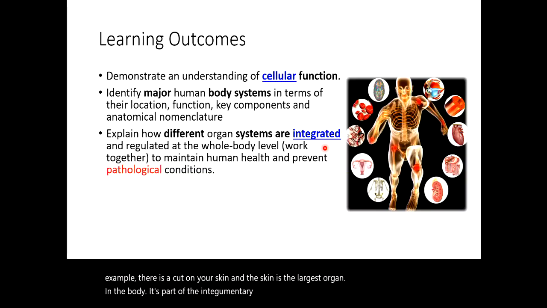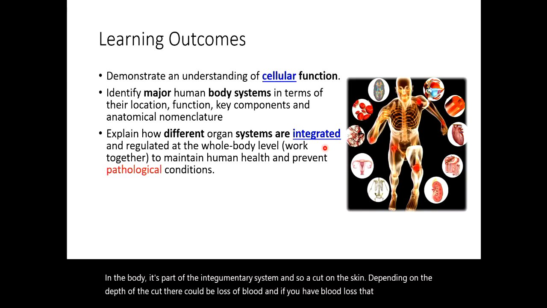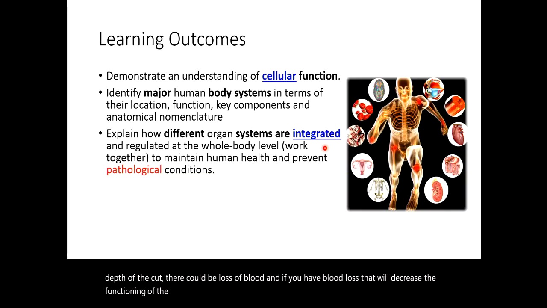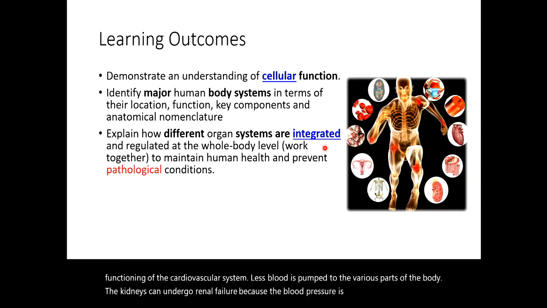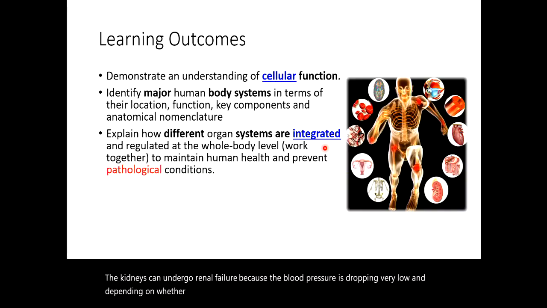A cut on the skin, depending on the depth of the cut, could cause loss of blood. If you have blood loss, that will decrease the functioning of the cardiovascular system. Less blood is pumped to the various parts of the body. The kidneys can undergo renal failure because the blood pressure is dropping very low, and depending on whether there is some infection after the cut, the immune system gets involved as well.